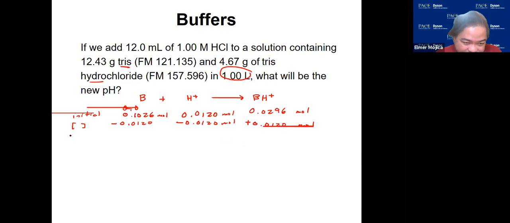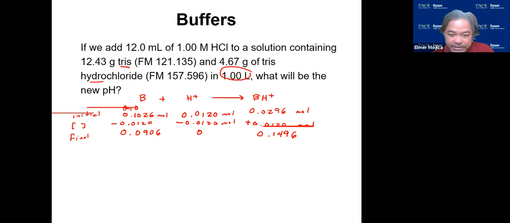So in the end, the final that you have there, you subtract this one, so you have what? 0.1026 minus 0.012, and this one is 0. And this one is 0.0296 plus 0.012.